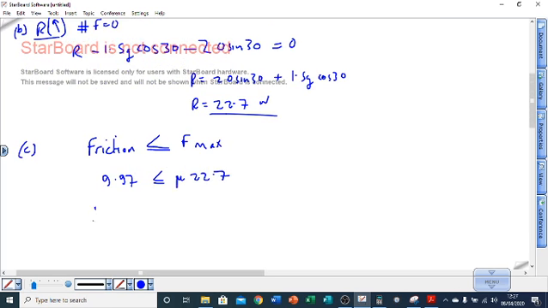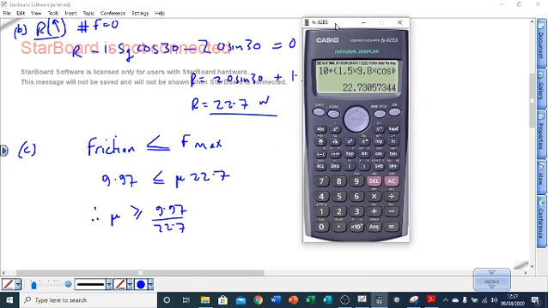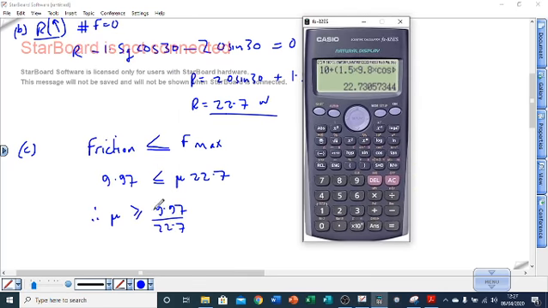You can see therefore by deduction mu must be greater than or equal to 9.97 divided by 22.7, and we know that this must be in the range between 0 and 1, otherwise it wouldn't make sense.